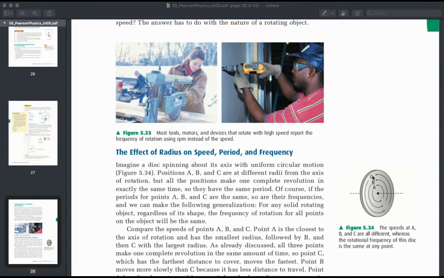So if an object was sitting here, it would have to travel a further distance in the same time as the object at position A. And so the speed of an object sitting at position C would be greater than A, even though the wheel itself is spinning at the same rate.